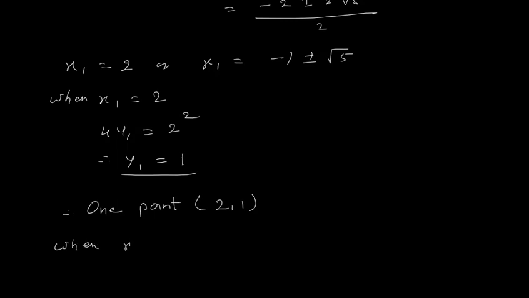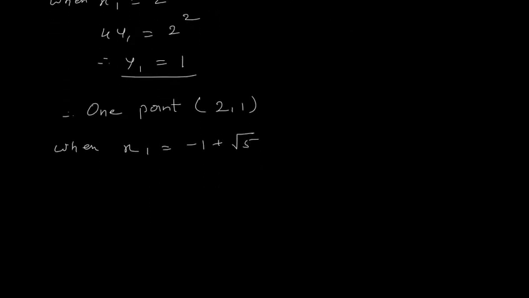Now when x1 is minus 1 plus root 5, then in that case again we have 4y1 equal to x1 square, that is minus 1 plus root 5 the whole square. This gives me minus 1 square is 1 plus 2ab will give me minus 2 root 5 plus 5. So 5 plus 1 is 6. So this is 6 minus 2 root 5.